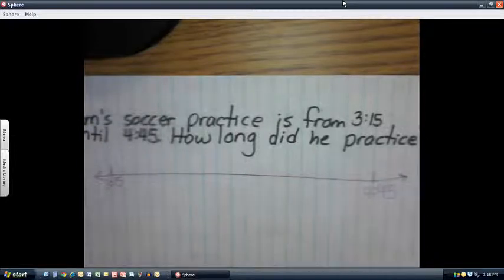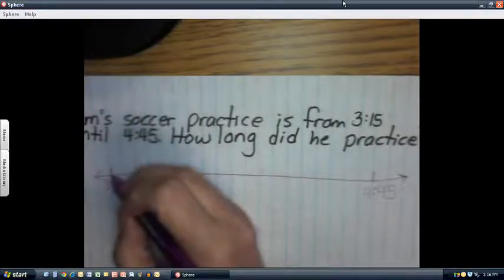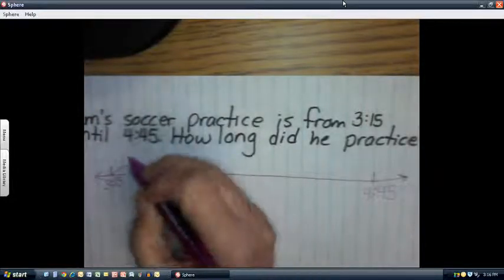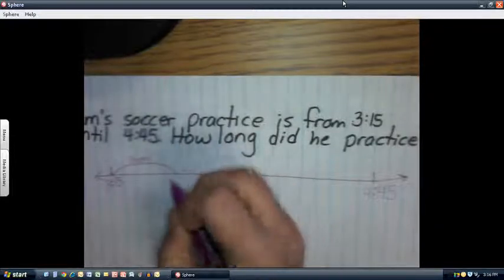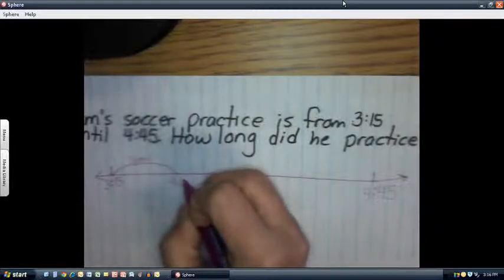Alright, so I can skip to really anything I want, but since I can't add minutes like I can in regular numbers because 60 minutes is an hour, I'm going to jump to a full hour trying to get to 4:45. So 3:15, 1 hour later would be 4:15.